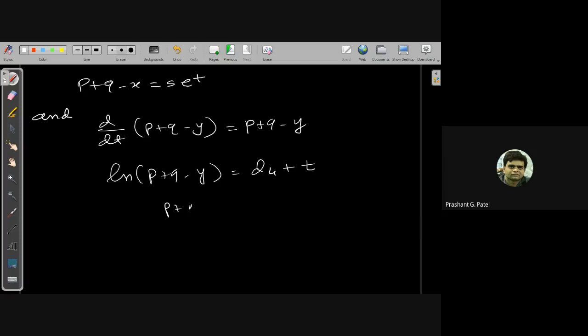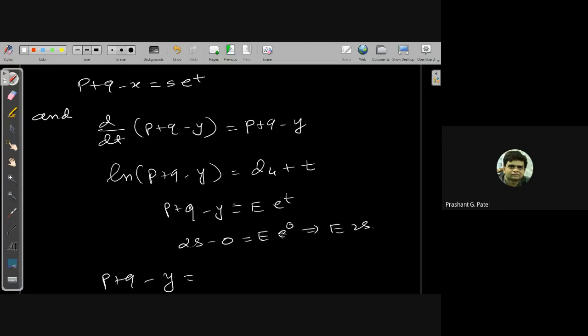So it is p + q − y = E e^t. Using the initial condition, p0 is 0, q0 is 2s, y0 is 0, e^0, the value of E is 2s. So finally we get p + q − y = 2s e^t.